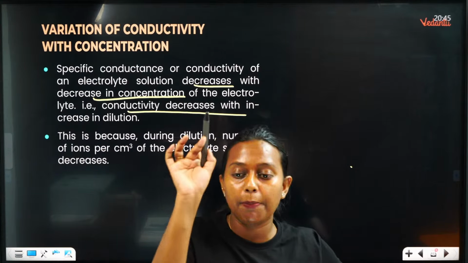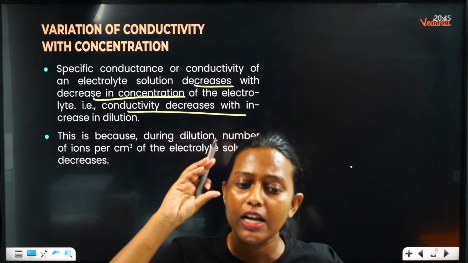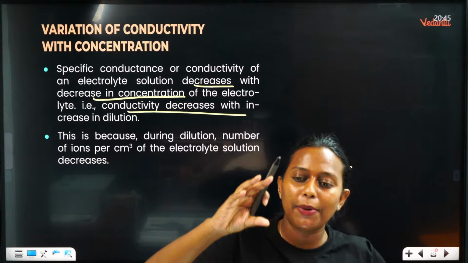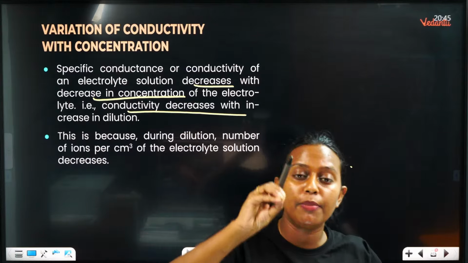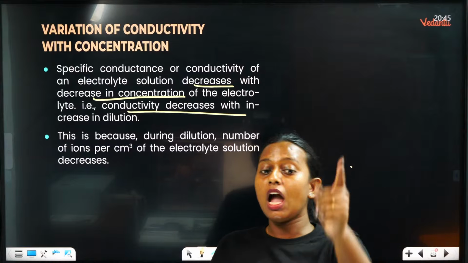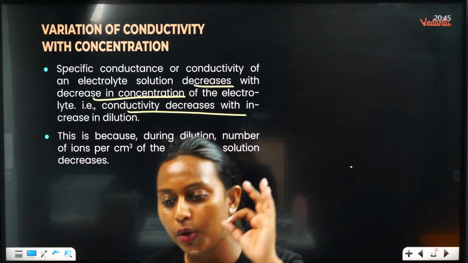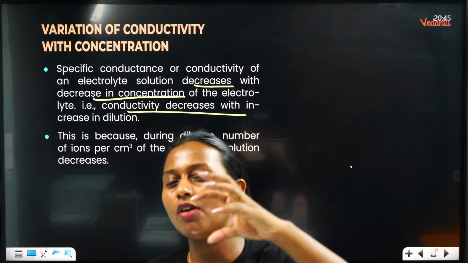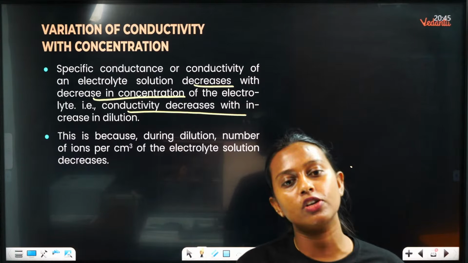When you consider a particular volume or particular area, the number of ions in that area will decrease. Yes, ions per unit area decreases. Correct Arun. So obviously conductivity will also decrease.